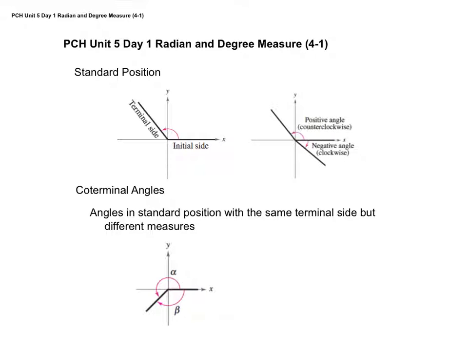Now, one thing that you haven't worked with before is the concept of a negative angle. All right? Here in trig, we are able to work with negative angles because the negative is kind of like vectors. The negative is indicative of direction. Okay? If we have a positive angle, we're rotating counterclockwise.